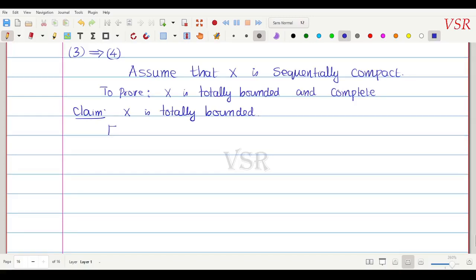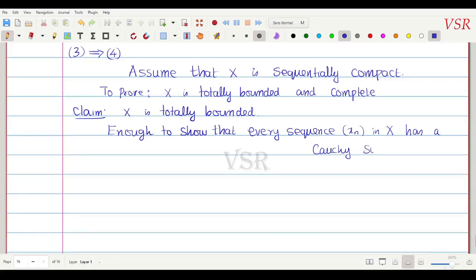It is enough to show that every sequence xn in capital X has a Cauchy subsequence. We have studied this characterization, so instead of proving X is totally bounded, I will show that every sequence has a Cauchy subsequence.